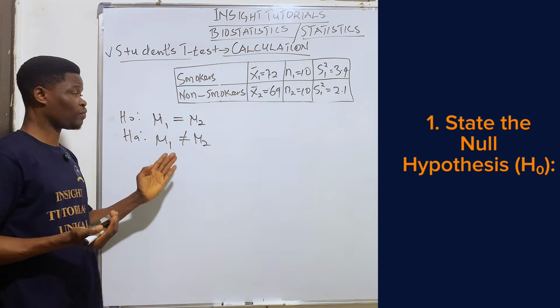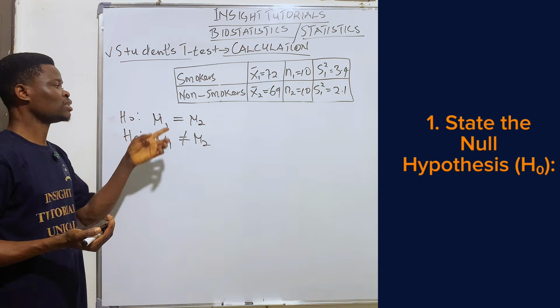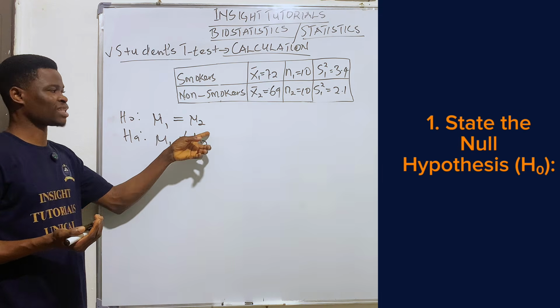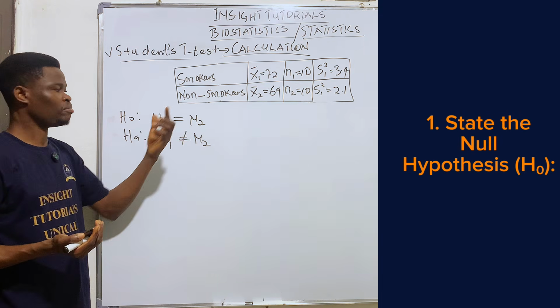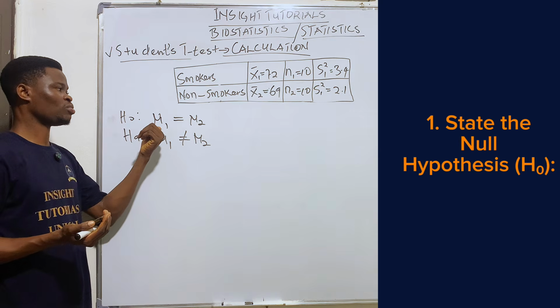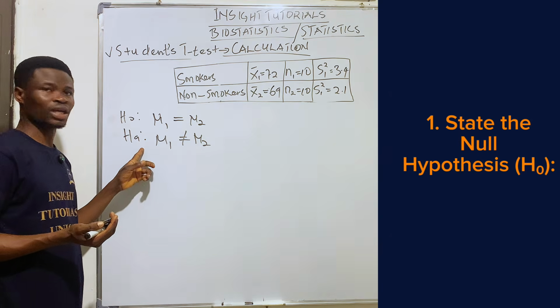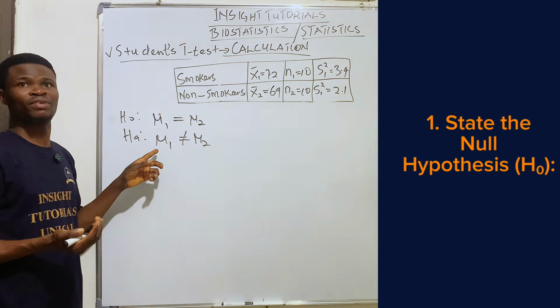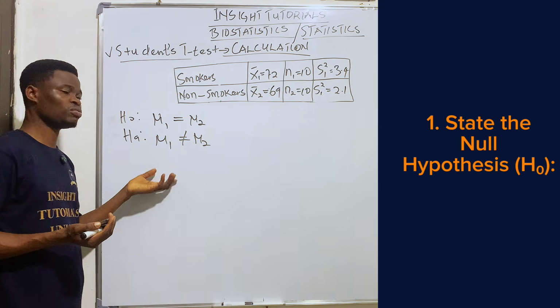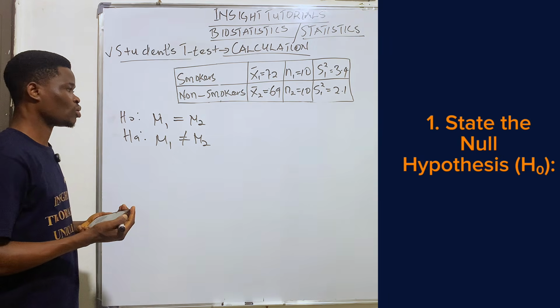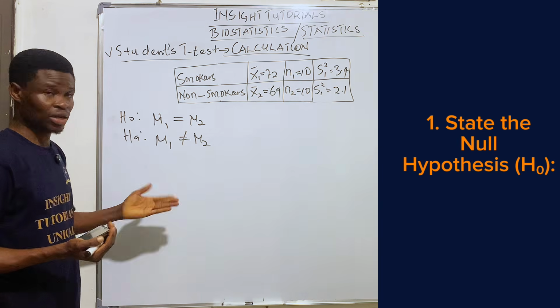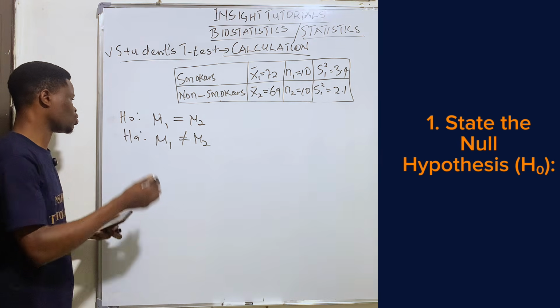Or in words, the null hypothesis says that there is no statistically significant difference between the mean of smokers and that of non-smokers, but the alternative will say there is a statistically significant difference between the mean of smokers and non-smokers. So that's the first thing we're going to do.